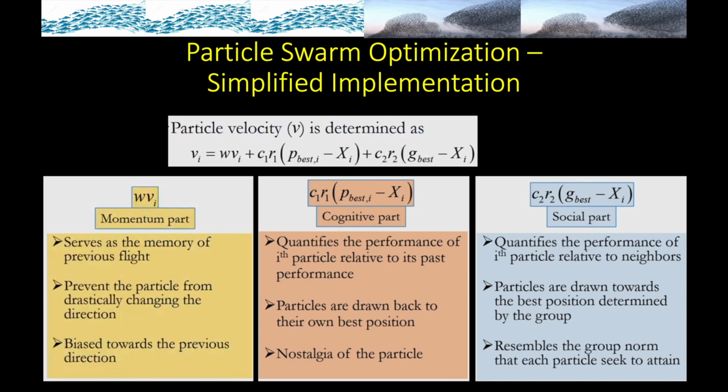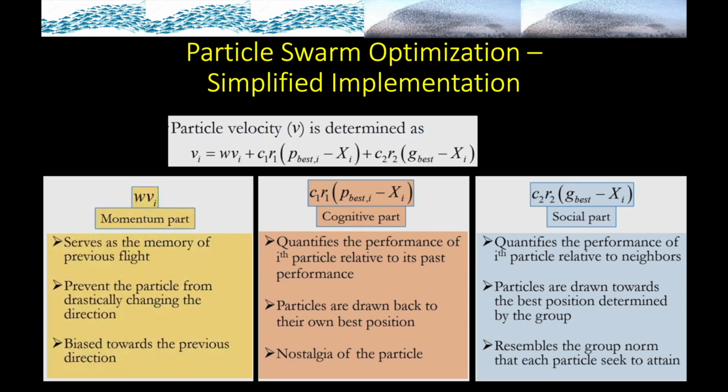So with this, I think everyone should be clear about the three terms that exist in the particle velocity and the role of each term as well. The first term is the momentum part, whose role is to keep the inertia intact and keep pulling towards the previous position.